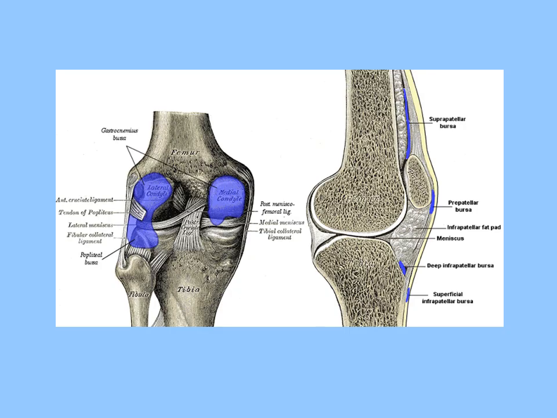It sits deep to the tendon of the popliteus muscle. Shown in this picture, you can see the tendon of the popliteus here. The popliteus muscle actually attaches on the proximal posterior tibia. Its tendon runs lateral. The popliteal bursa prevents friction at the knee joint as the popliteus internally rotates the tibia during gait.